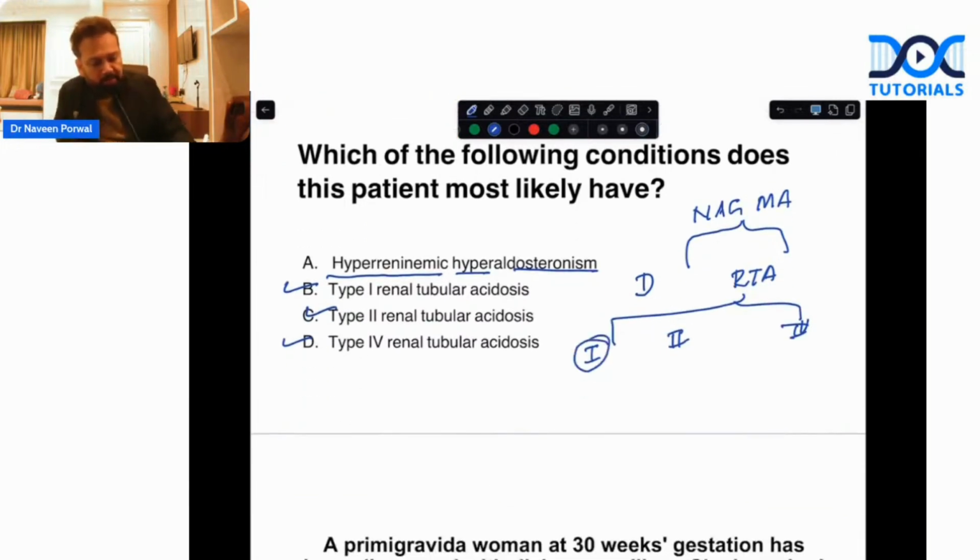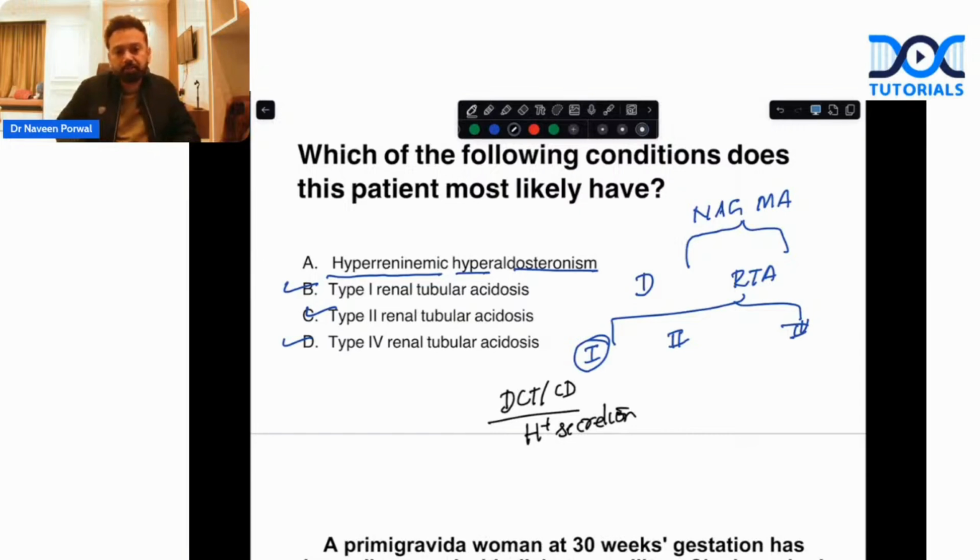RTA1 is what? It is a DCT and collecting duct defect. The problem is with proton secretion, so there is a problem in the acidification of urine.